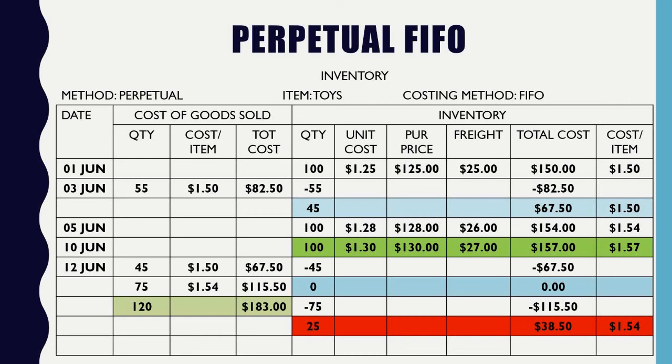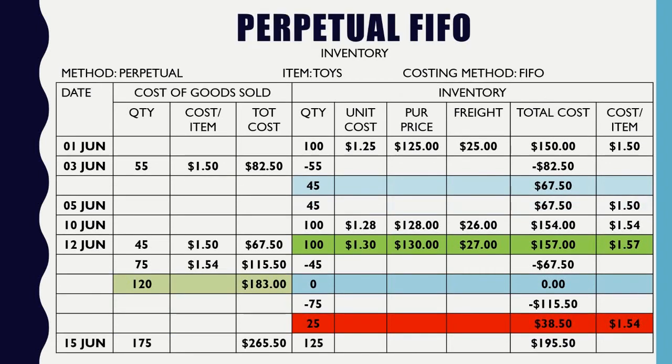You could just add them all up together to make sure that you sold 120, which the grand total of selling 120 toys cost you $183 even. So in that case, you can just get the grand total so that when you do journalize it, that's what you journalize. You journalize that your cost of goods sold is $183. Okay?